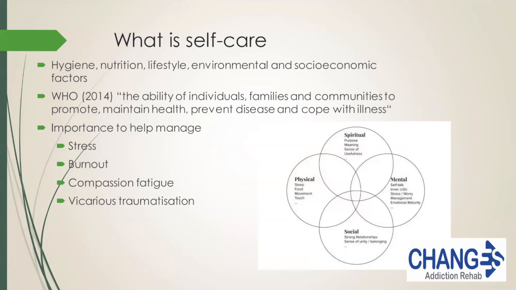So in this definition, it encompasses a couple of things, and it looks at the individual, it looks at family, as well as community. When we break down the different elements there, we're looking at aspects such as hygiene, nutrition, lifestyle, environmental, and socio-economical factors.